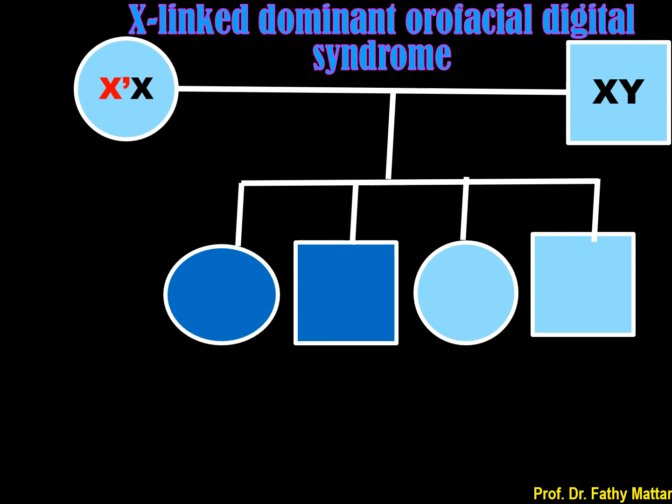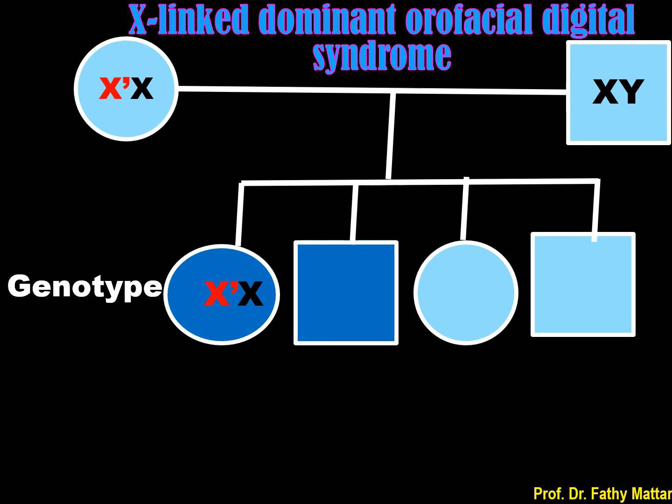So she is heterozygous, and a male who has the normal X allele and Y. If we look at this family and say this family has 4 persons, 2 boys and 2 girls. Now, if a red X or affected X is with a black, this will be heterozygous female.